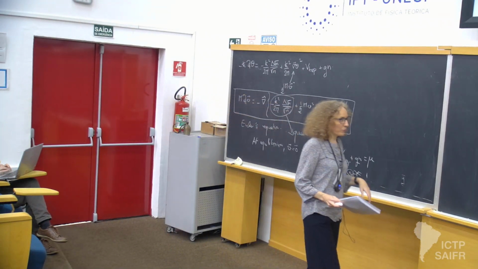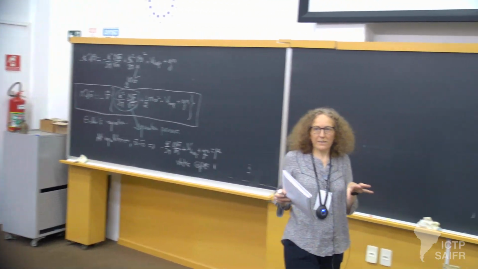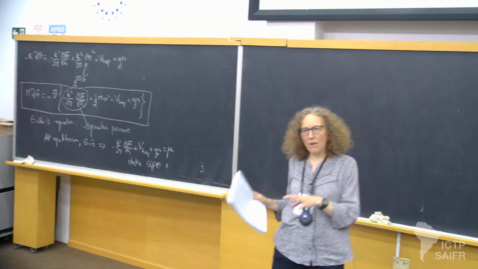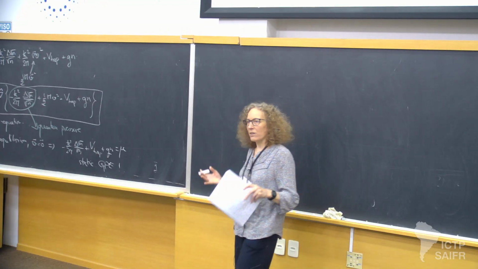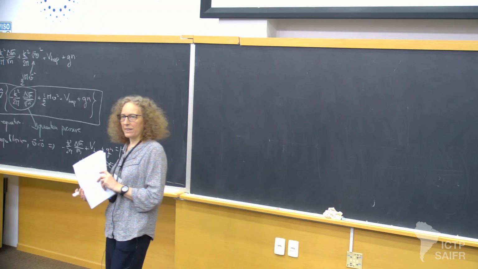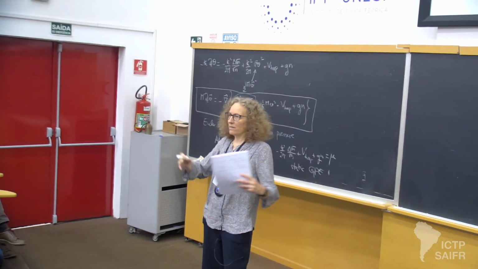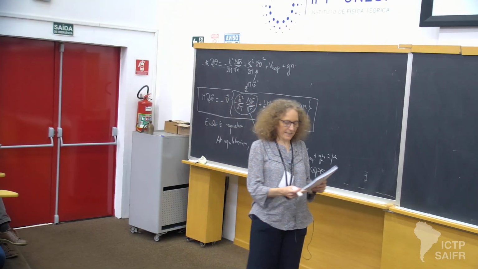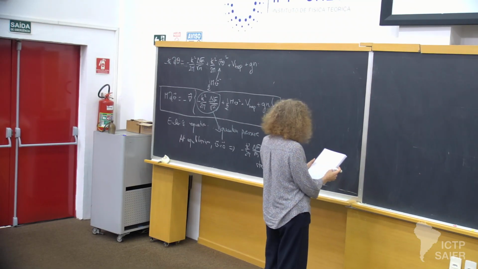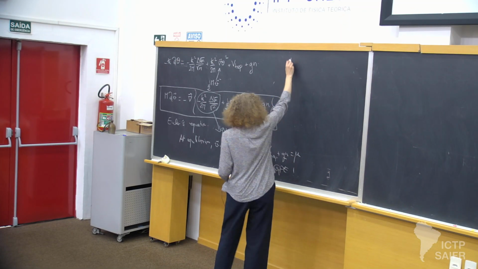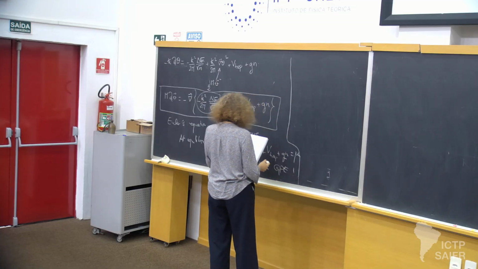Right. So what we will do now is to look a little bit at what's happening when we go out of equilibrium and derive the collective modes of the gas, either for the uniform case or for the trapped case. And so we will look at excitations of the gas.